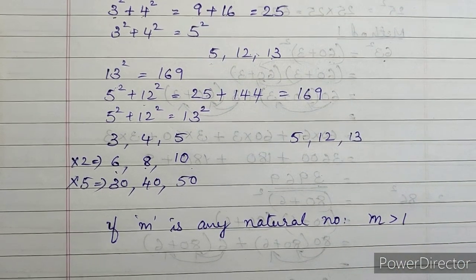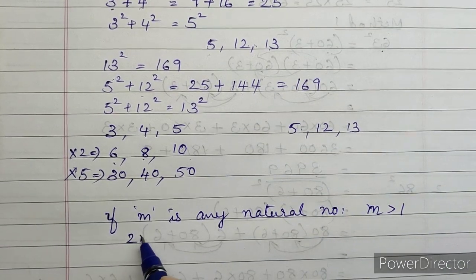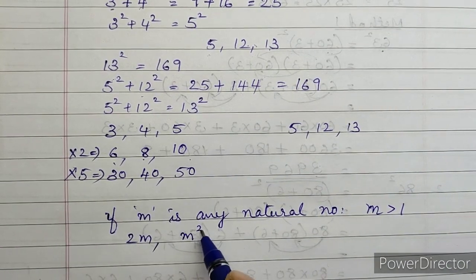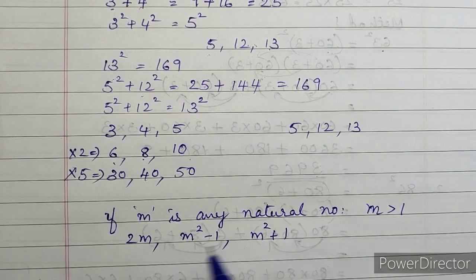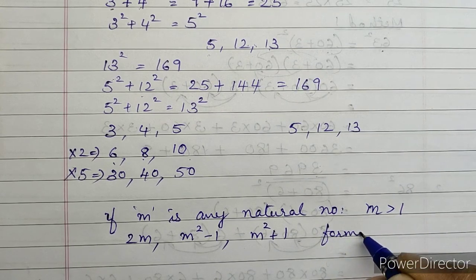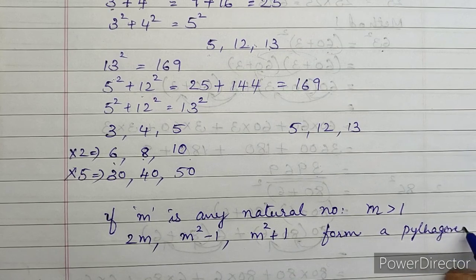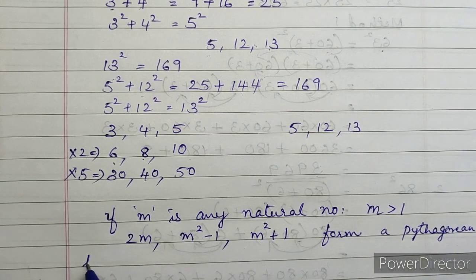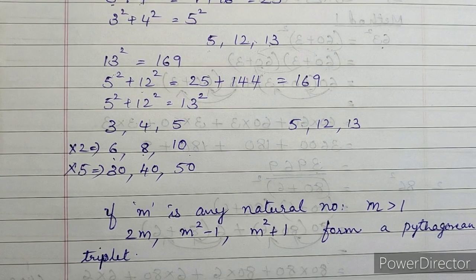If m is greater than 1 and m is a natural number, then 2m, m square minus 1, m square plus 1, these 3 form a Pythagorean triplet. So 2m, m square minus 1, m square plus 1.